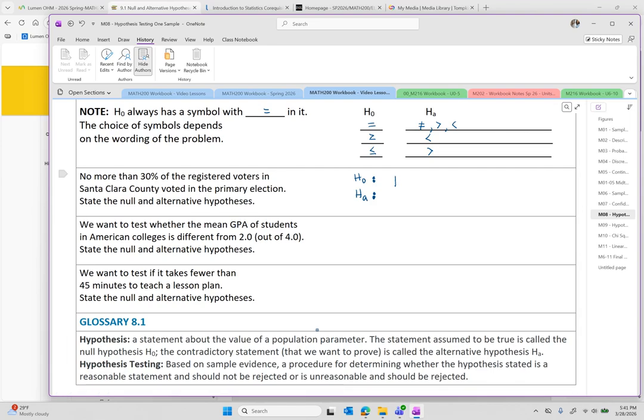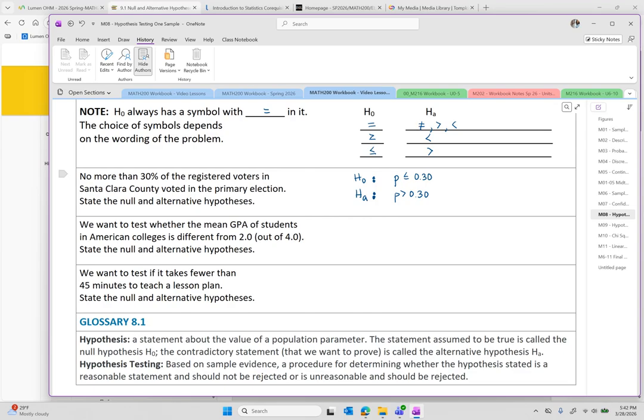So the proportion of registered voters in Santa Clara County who voted is no more than 30%, so less than or equal to 30%. You could also write that as a decimal, which is preferred because you want to do math with numbers. So we prefer proportions to be written as decimals. And then the alternative hypothesis is that more than 30% of registered voters voted in the primary election.